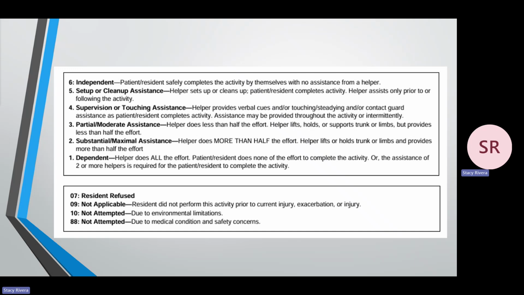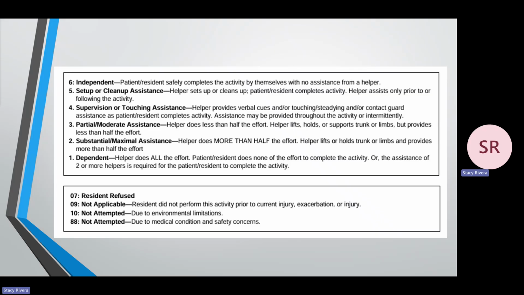I went ahead and put this slide in here just in case there was any confusion on the scoring scale, from 6 being the most independent. Your 1 is your dependent. And then the not applicable, not attempted, which is your 7 through 8. We can touch on these just a little bit. Mostly they translate over to our therapy terminology, but it's important to know that dependent is when it requires 2 people.